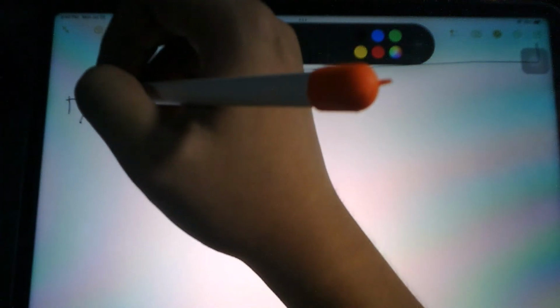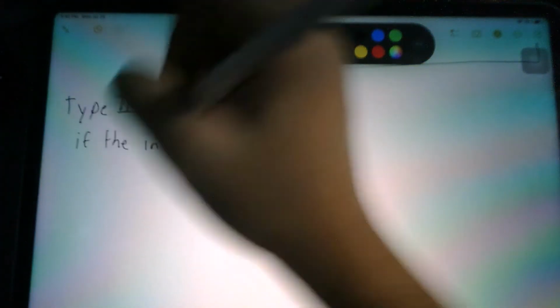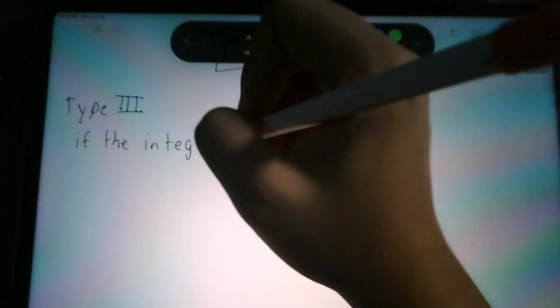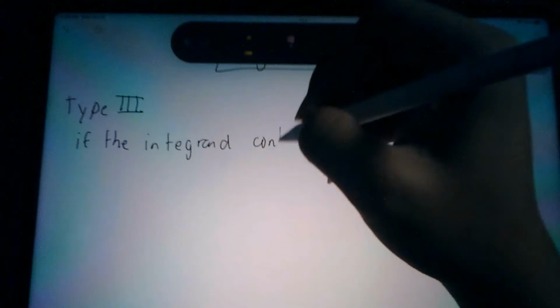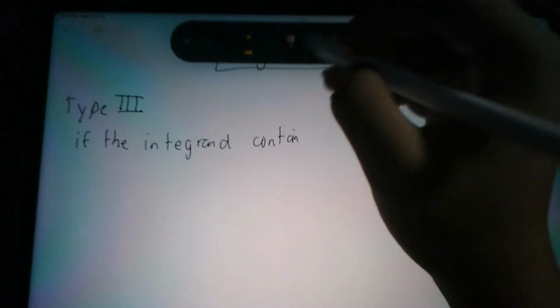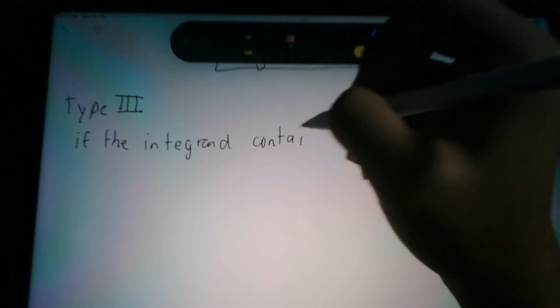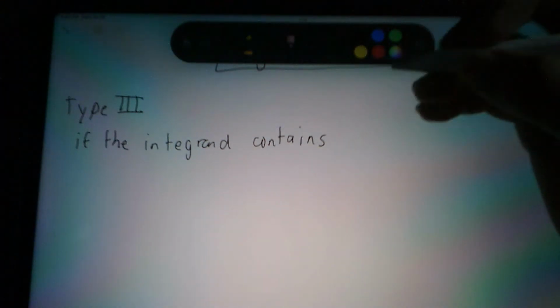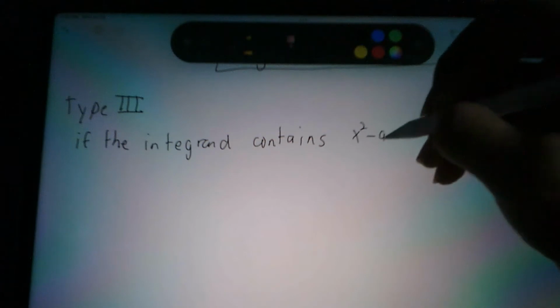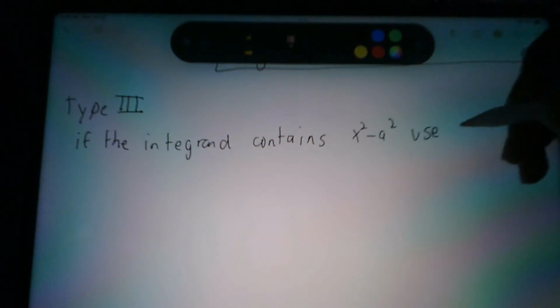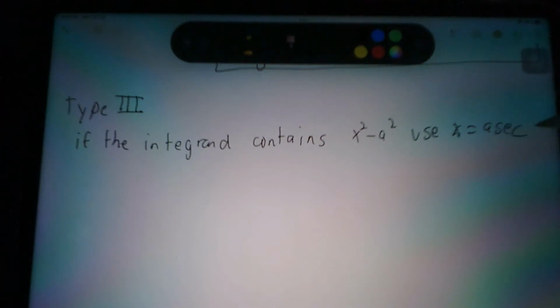Now we move on to type 3, which is under trigonometric substitution. In type 3, if the integrand contains x squared minus a squared, we will use x equals a secant of theta.